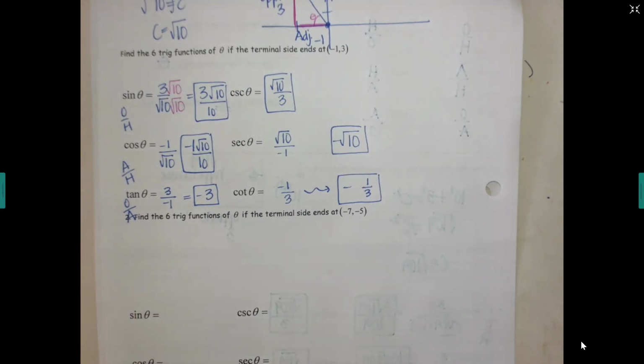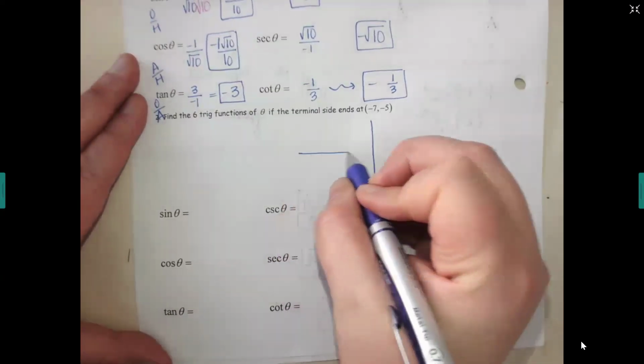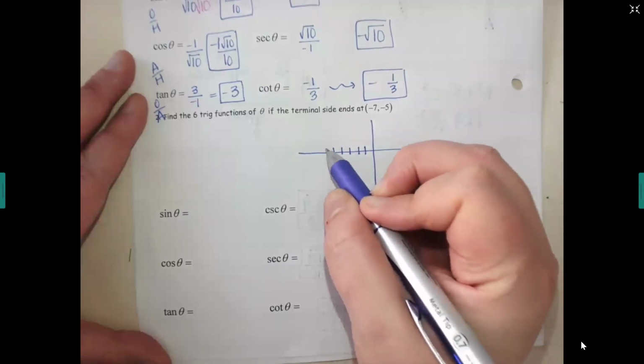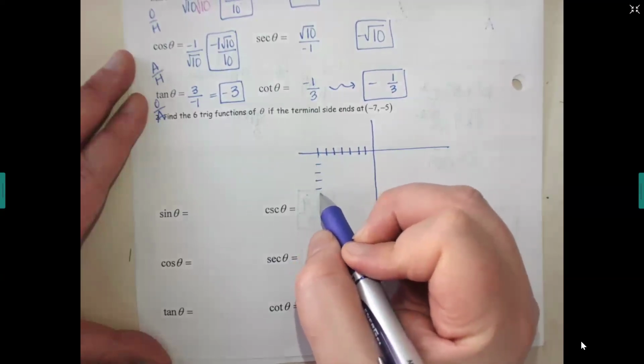Negative 7, negative 5. Draw yourself a little grid, and I want you to place negative 7, negative 5, where that point would go on your coordinate plane. If I were to graph that, I would go to the left 1, 2, 3, 4, 5, 6, 7, then down 1, 2, 3, 4, 5.